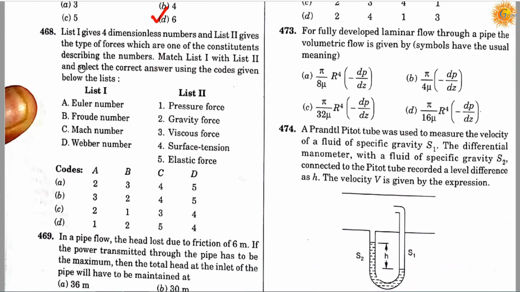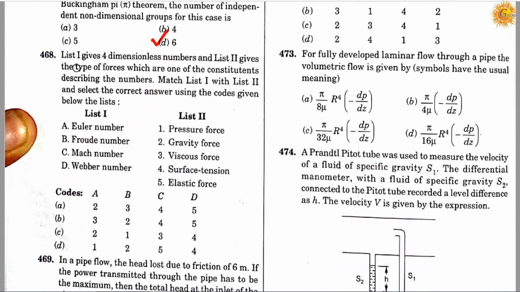Question number 468. List one gives four dimensionless numbers, and list two gives the type of forces which are one of the constituents describing the numbers. Match list one with list two and select the correct answer using the codes given below the lists.